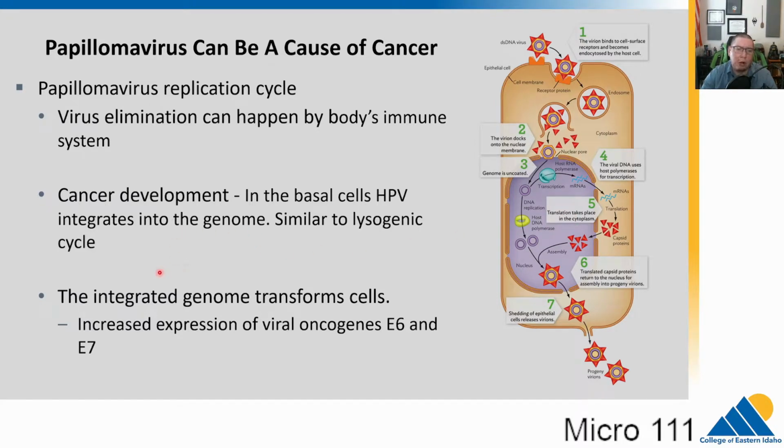And when it's in there, it can either disrupt genes or it changes the expression of certain genes. We call these oncogenes E6 and E7. This is beyond us, but these genes are critical to cell replication. So when it turns them on, it turns on cell replication, which then leads to cancer.